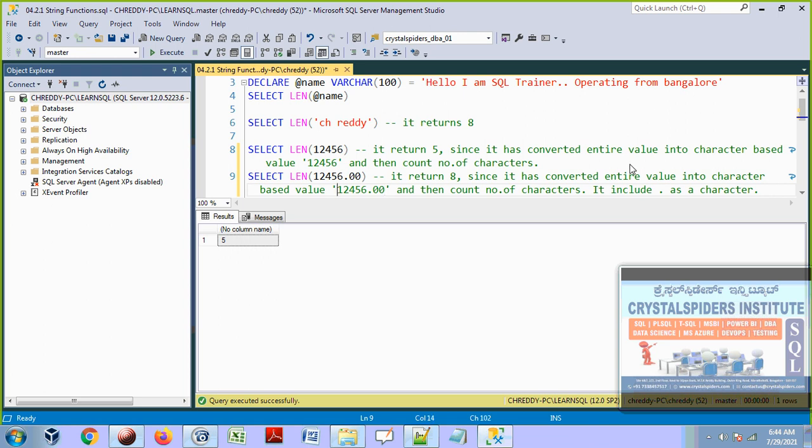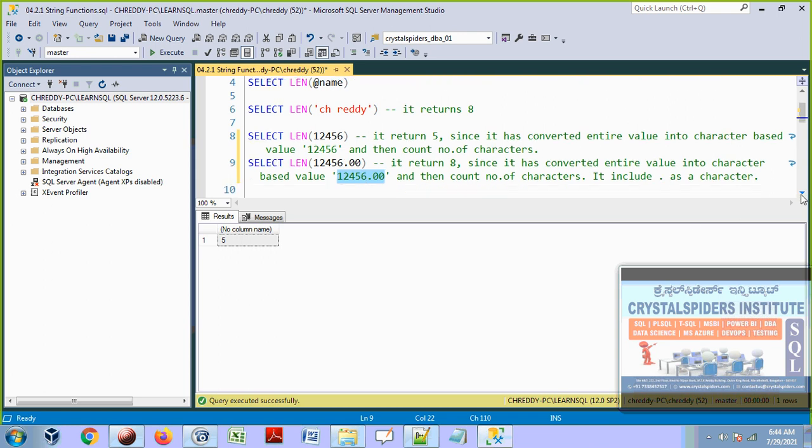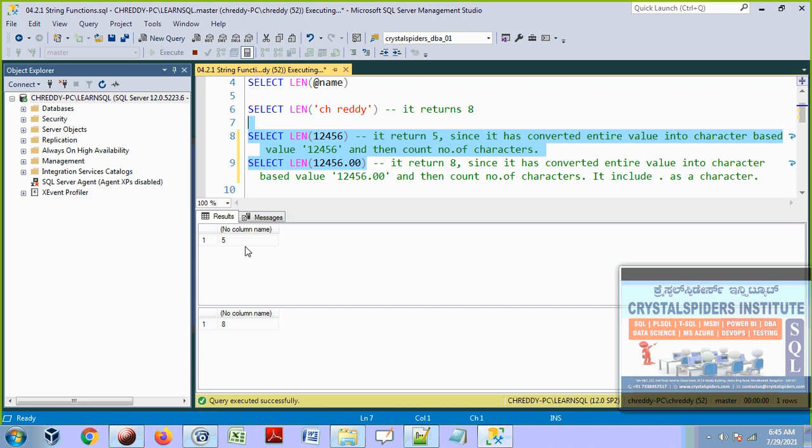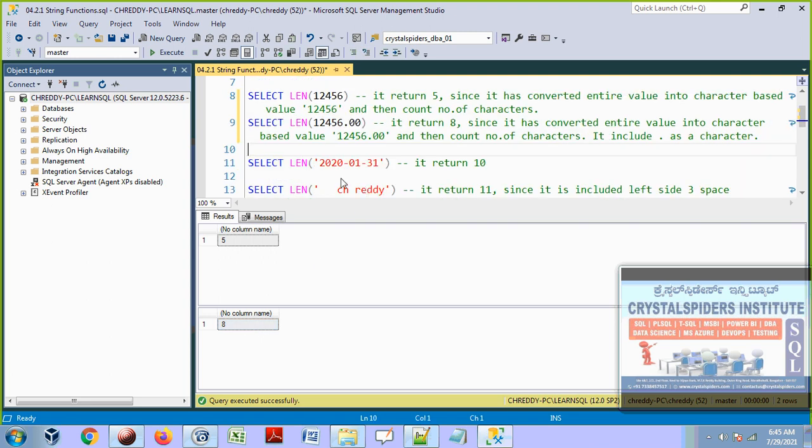Let's count how many characters are there: 1, 2, 3, 4, 5, 6, 7, 8. So total 8 characters are there. It is going to include the dot also. Dot is also considered as one character. That's why it is written 8. So let's see these two. The first select command returned 5, the second select command returned 8. You see that.